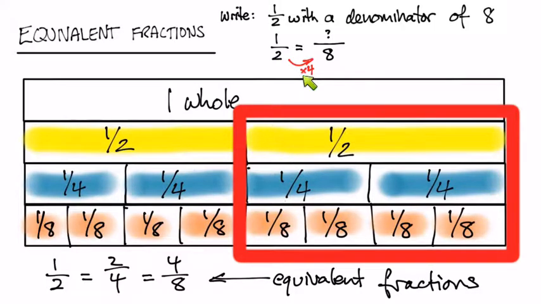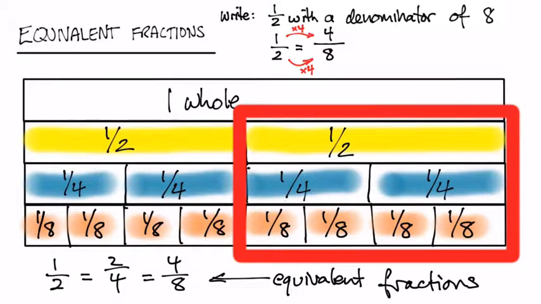Well, 2 times 4 will give me 8. Whatever I have to do on the bottom to get this up to this denominator, I have to do the same on the top. So if 2 times 4 gives me 8, my top will be 1 times 4, which gives me 4. So 1/2 written with the denominator of 8 is 4/8.